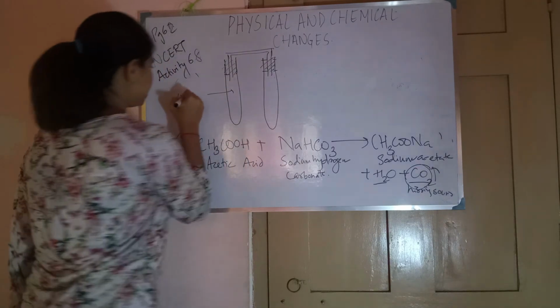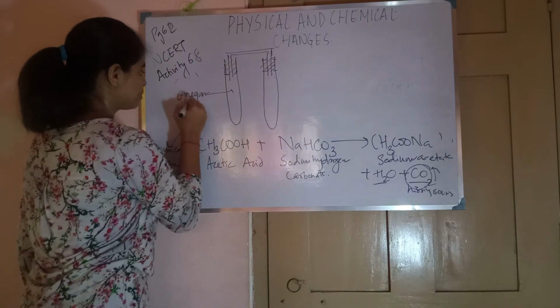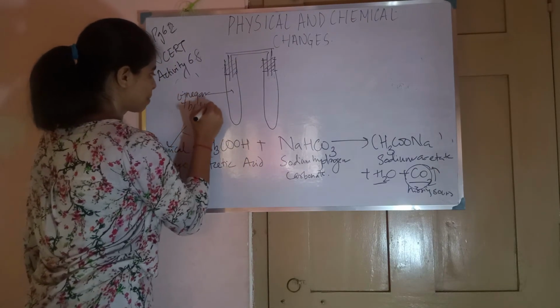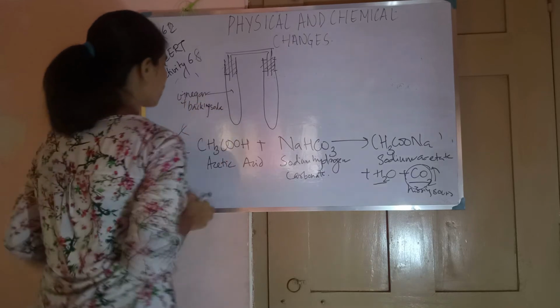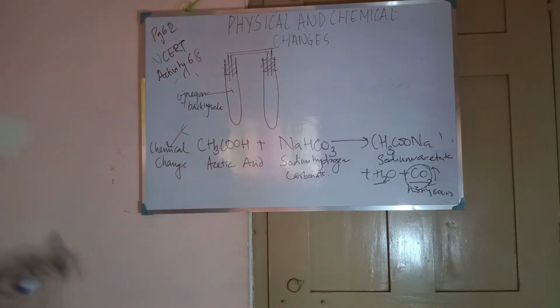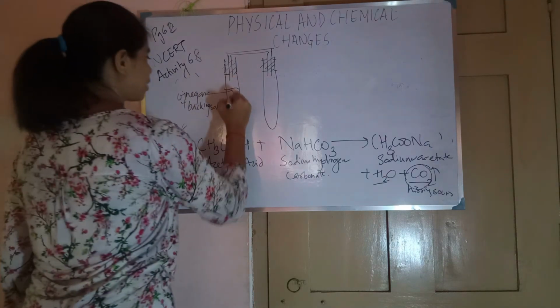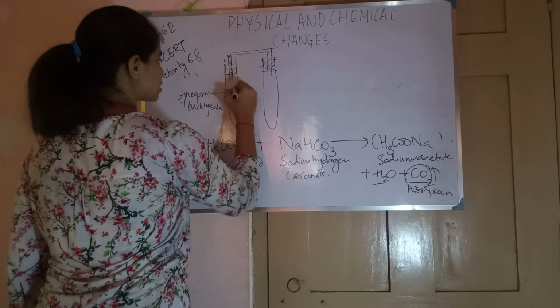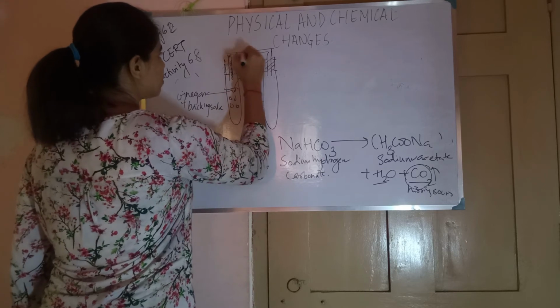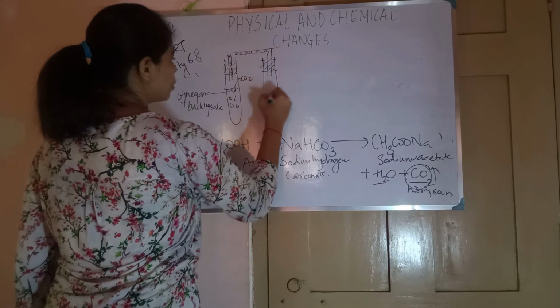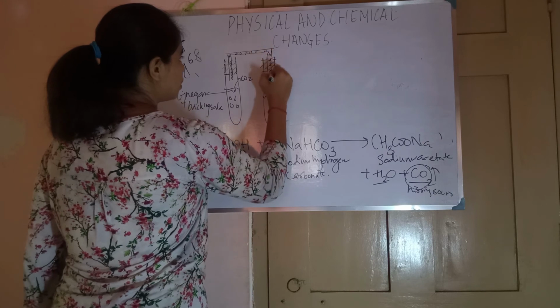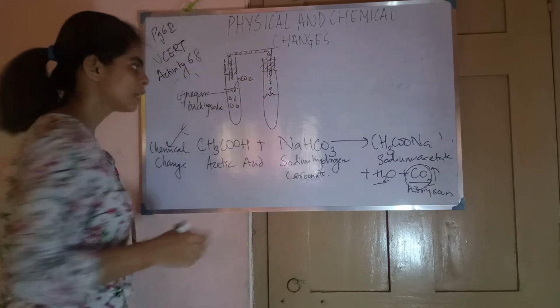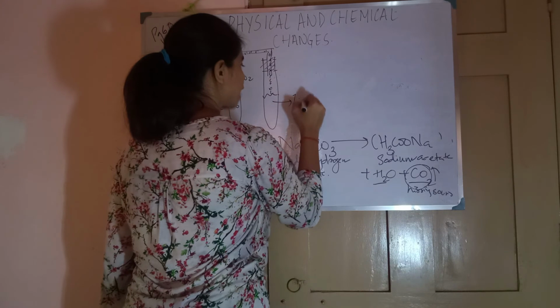Here you are mixing vinegar plus baking soda. Now tell me, when you mix vinegar and baking soda, what will happen? Carbon dioxide will evolve. Now this carbon dioxide will pass through this pipe and reach this test tube, which contains the lime water.